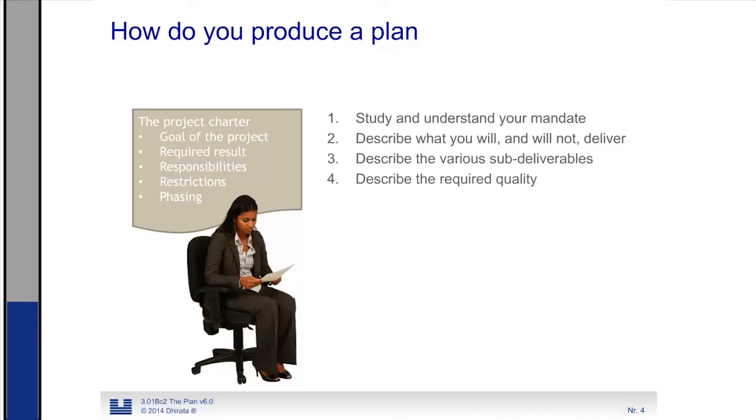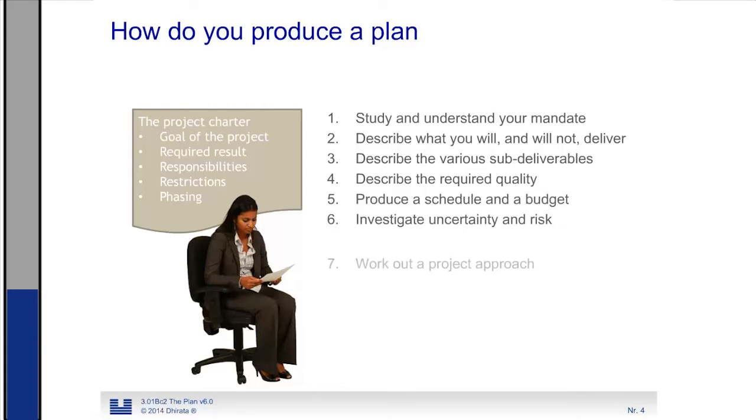We describe the required quality. Then we produce a schedule and a budget for the project. Of course, there are uncertainties we need to investigate, and we analyze them as we do with the risks that could jeopardize the project. Based on this analysis, we work out a project approach. All these findings will be summarized in the project management plan. Let's study them one by one.